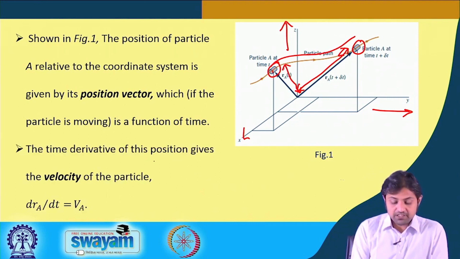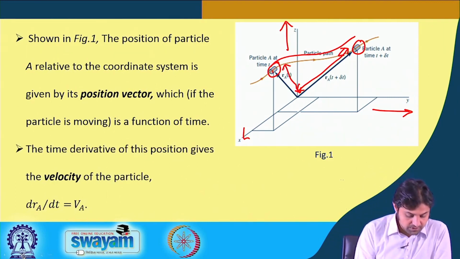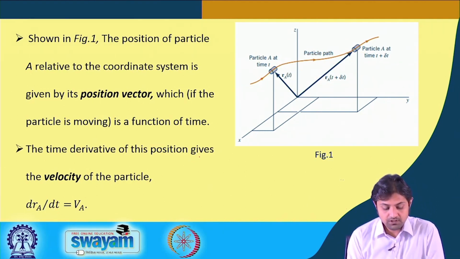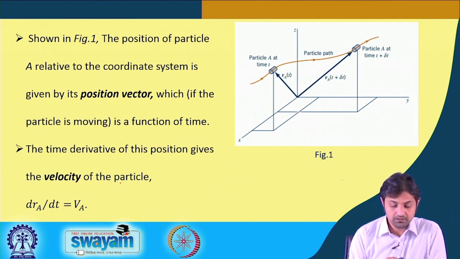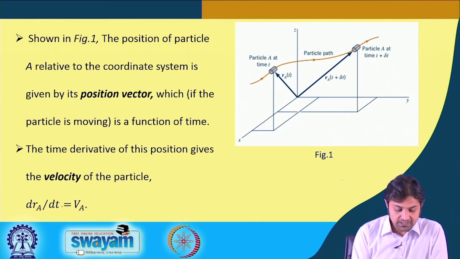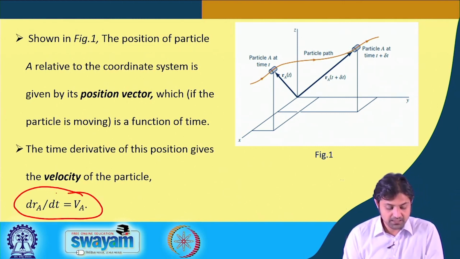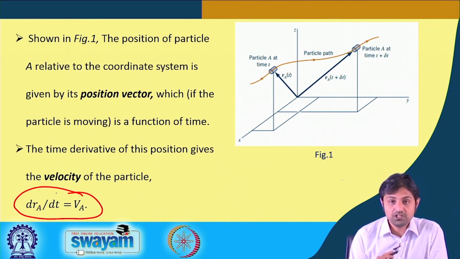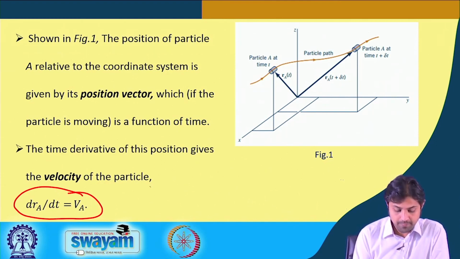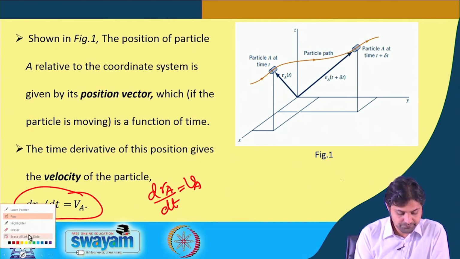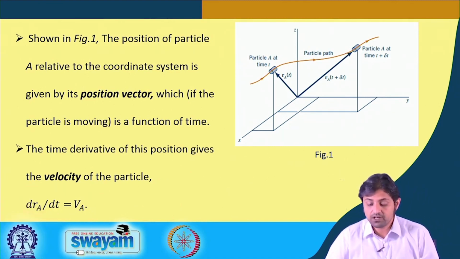So, the time derivative of this position gives the velocity of the particle. The time derivative of r_A is given by d r_A by dt is equal to V_A, the velocity at point A. This is the same thing I have written, and which is given on the slide as well.